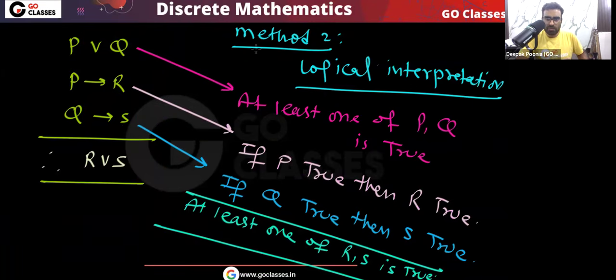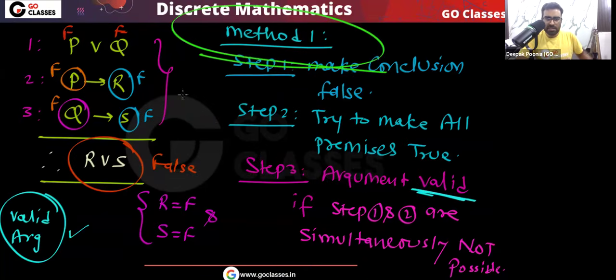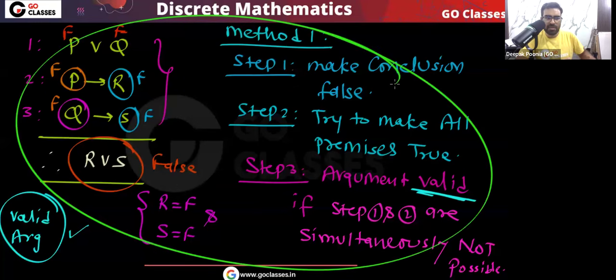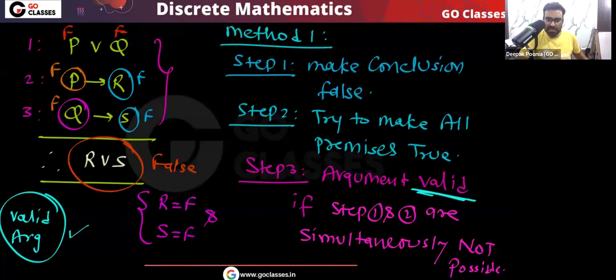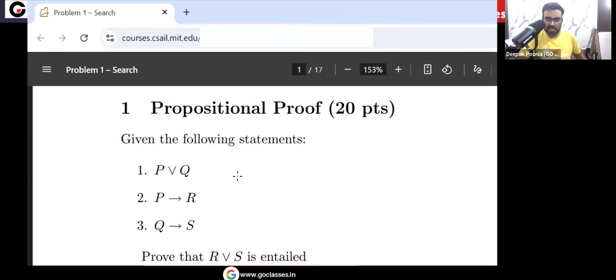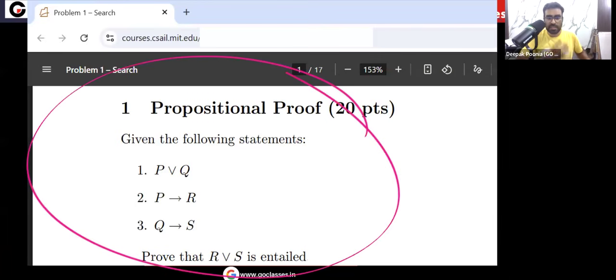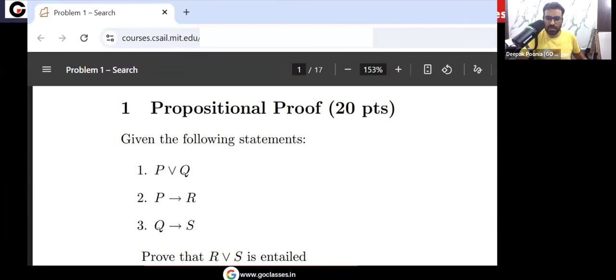So method 2 is efficient but mistakes might be possible, and method 1 is less efficient but the possibility of mistakes is very low. Both methods are beautiful, and you should understand both, and then you can decide which method you like more. Now let's move on.